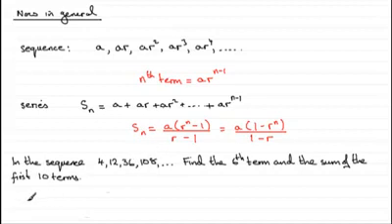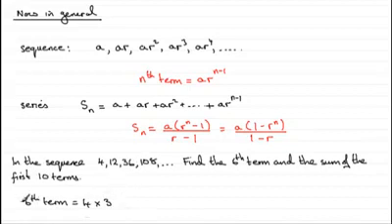So when it comes to working out what the sixth term is, then according to our formula for the nth term, it's going to be ar to the n minus 1. a being the first term, which in this example is the 4, so it'd be 4, times the common ratio, which is 3, we're multiplying by 3, to the power n minus 1.